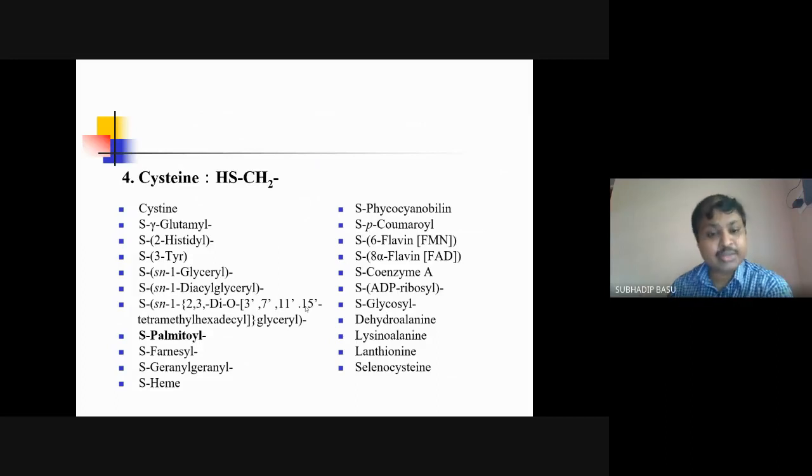So cysteines get modified, and they are often S-palmitoylated, and they have different types of functionalities, which is not within our scope, but cysteine residues are S-palmitoylated.